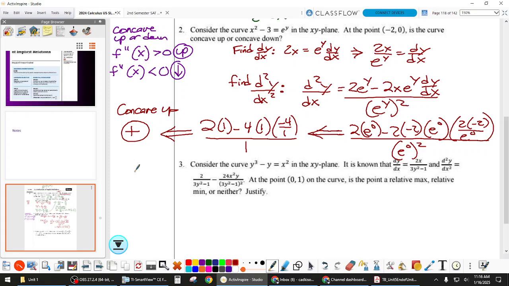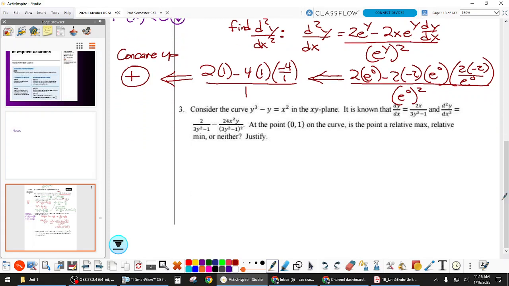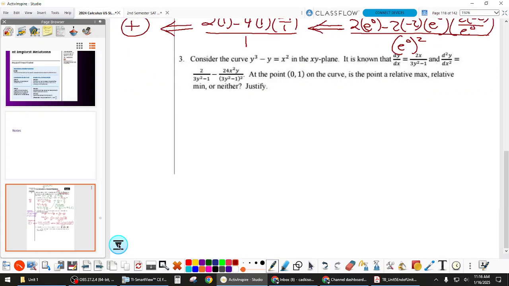So how about relative max, relative min, or neither? Let's talk about how we've done that in this unit. How have we found those? Take the derivative, solve for 0, take the second derivative, plug in the point where it's 0 into the second derivative, and determine if it's positive or negative.